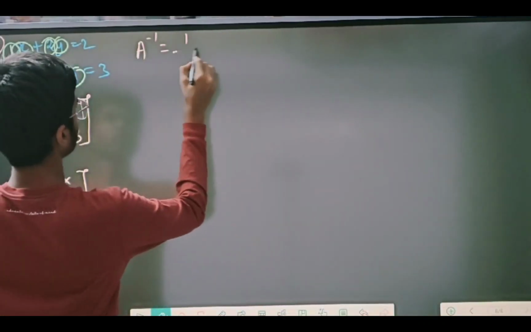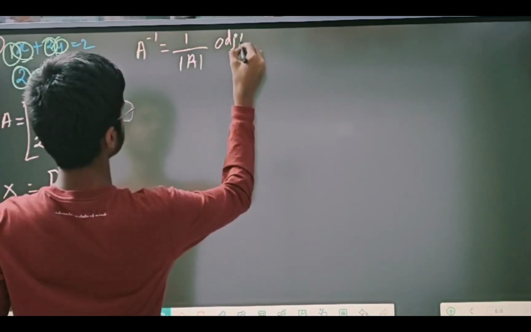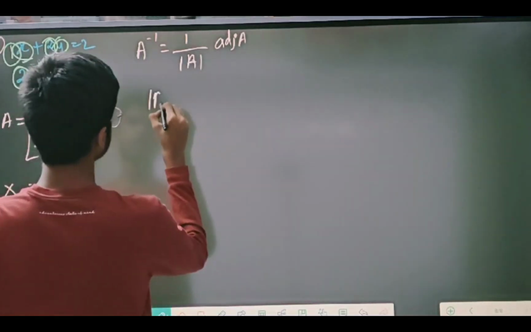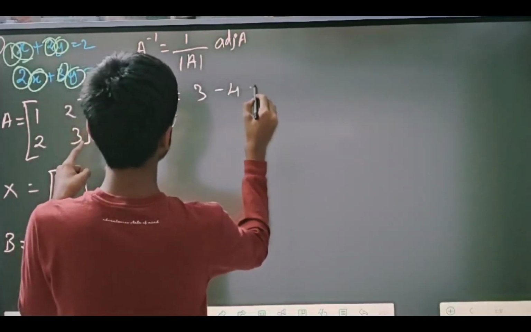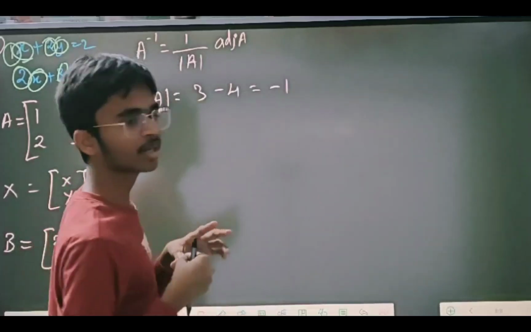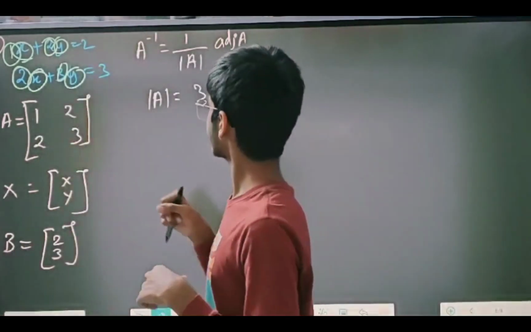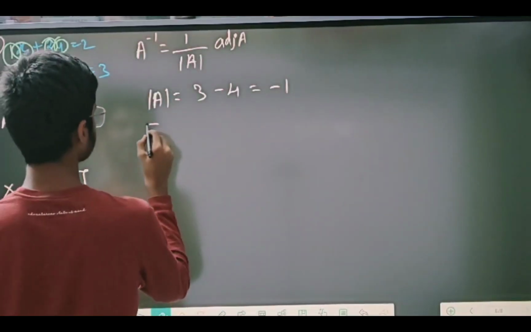A inverse is equal to 1 by determinant of A into adjoint of A. So what is determinant of A? Determinant of A is 3 minus 4, which is equal to minus 1.